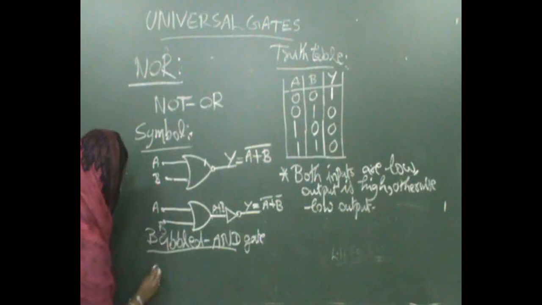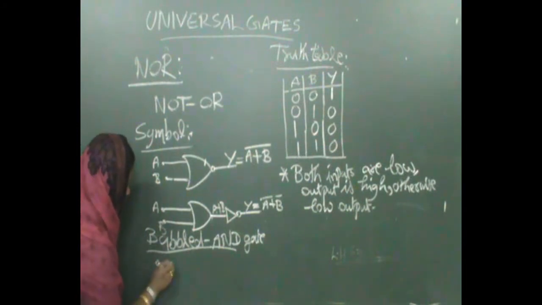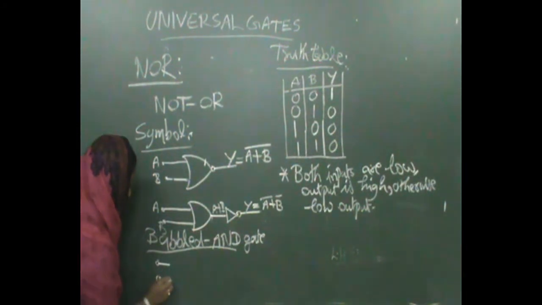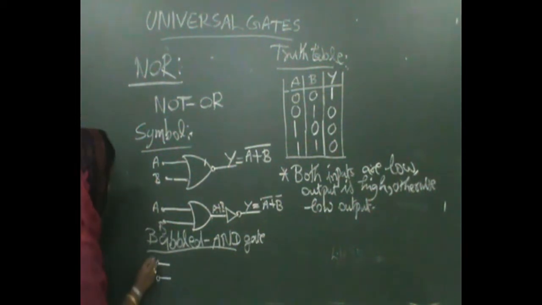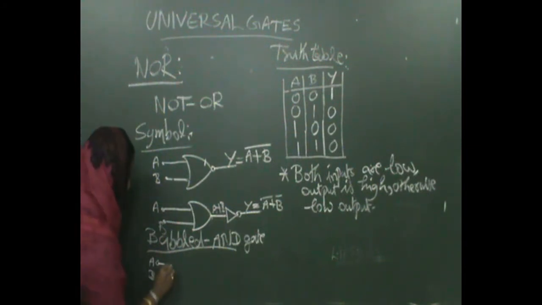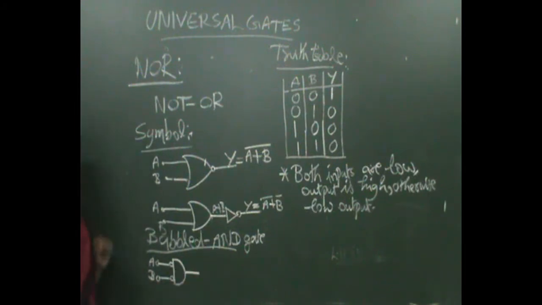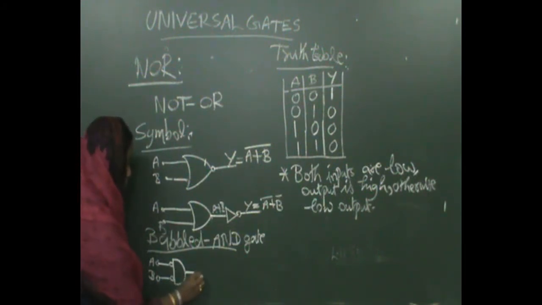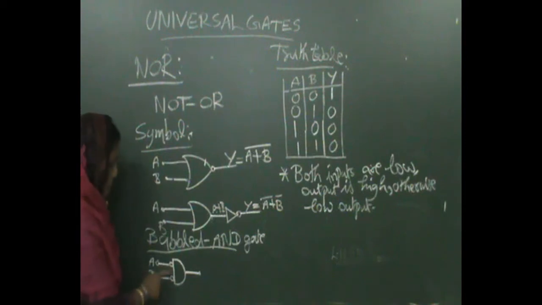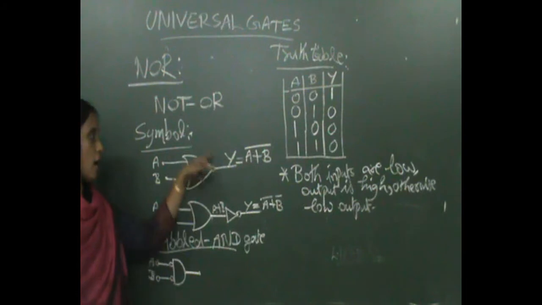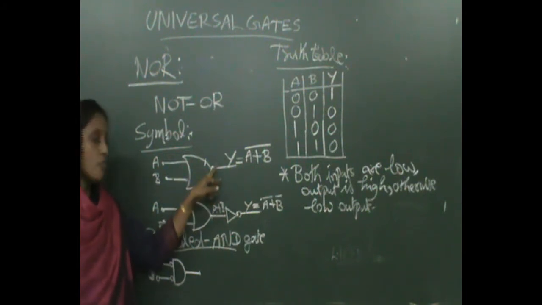That means, you know that there are two inputs for the AND gate, A and B, and these inputs are bubbled. This bubble represents NOT operation. We already learned it, because here you can see that in the output of this OR gate we put a bubble.